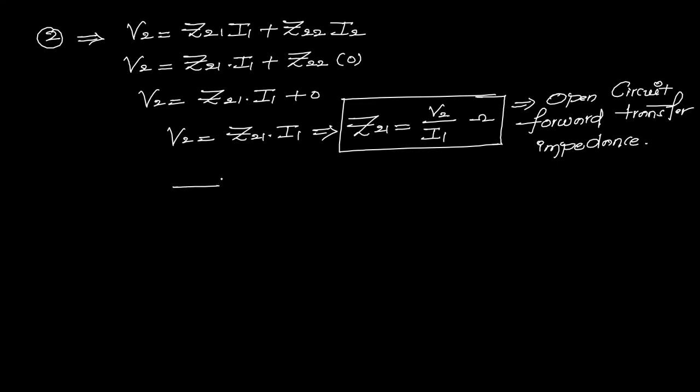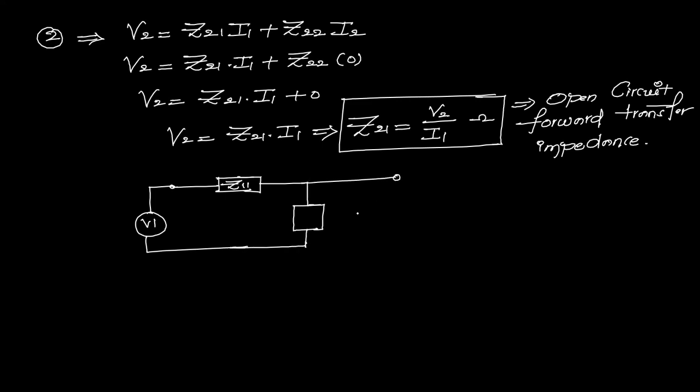Just see here, I am going to draw the circuit like this. This is Z11, and here we are applying V1, with the condition that port 2 is open. Port 2 open means we do not have any voltage and no current flowing; the current from port 2 is 0.